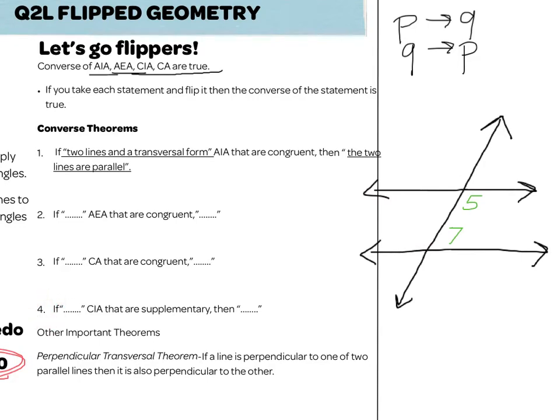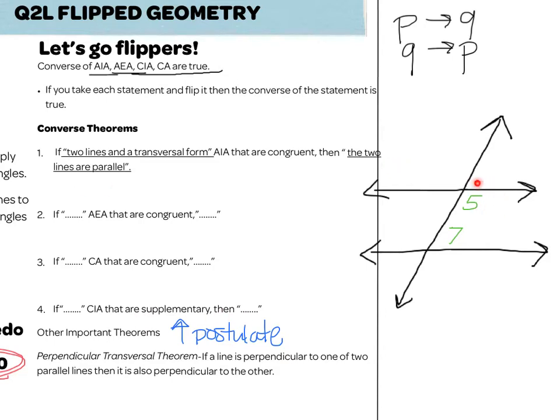Last but not least, we want to talk about number 4. I want to clear something up: the CIA, the consecutive interior angles, is a postulate. That means we don't have to prove it. You're lucky. It's one we're going to be using a lot. If two lines and a transversal form consecutive interior angles that are supplementary, then the two lines are parallel.